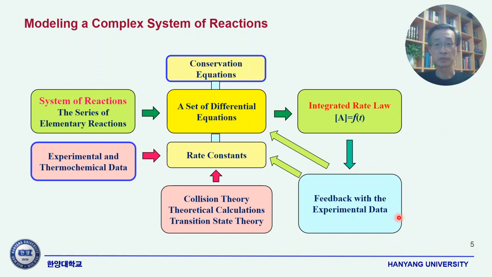So the experimental data feeds back, and using the experimental data you remodel or modify your model, the set of differential equations or even the rate constant. This kind of matching with the experiment, comparing your integrated rate law with the experimental data, you find out what is going on actually.